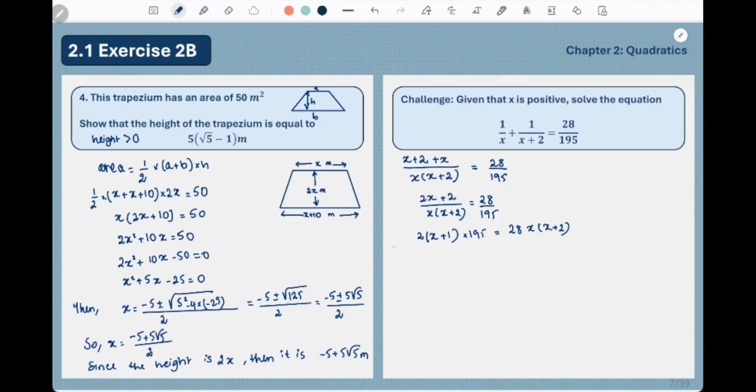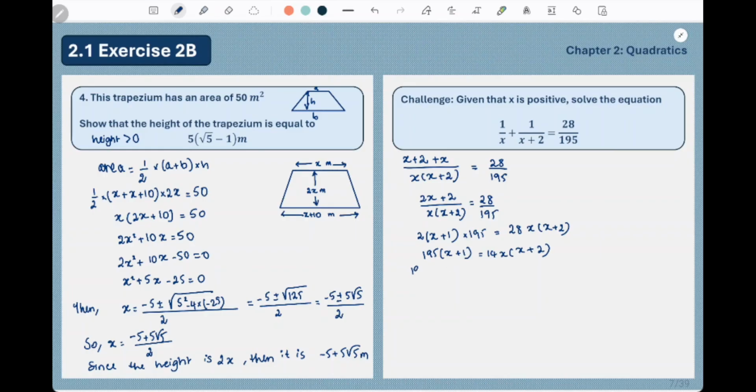Okay, I can see that there is a common factor. Just for the ease of calculations, I'm going to divide both sides by 2, and I'm going to end up with x times 195x plus 1 on this side, and 14 times x plus 2 on the other side.